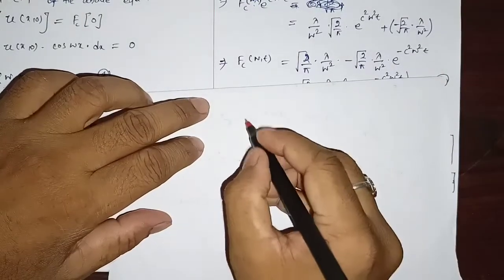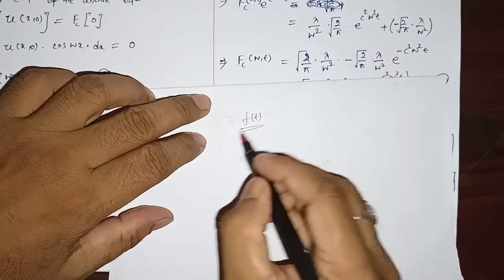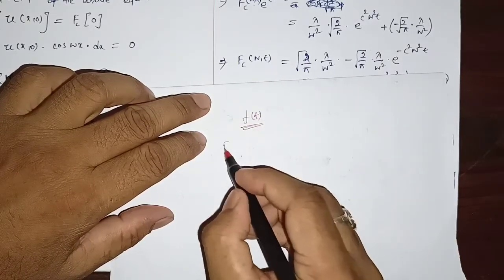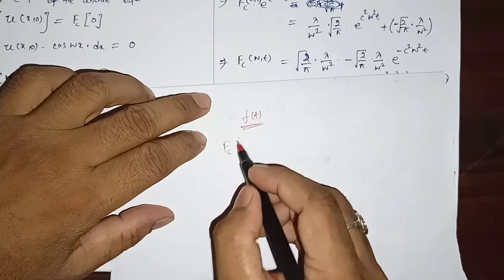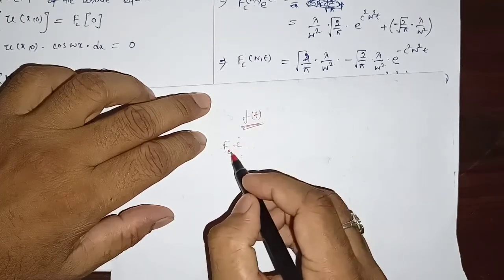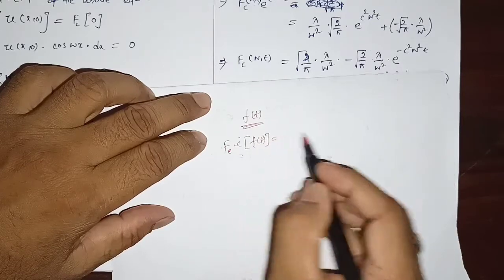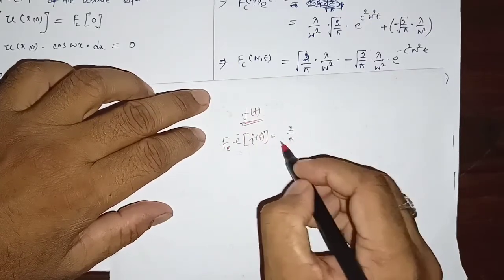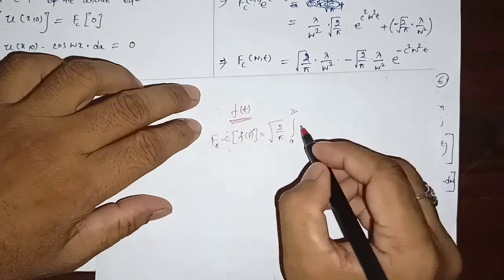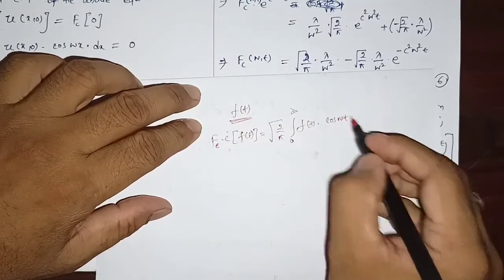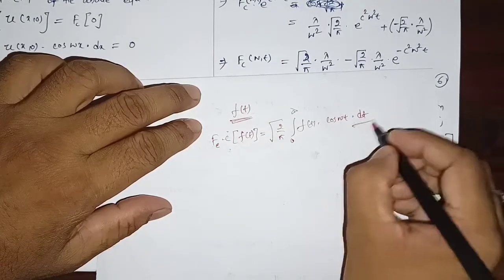You just recall that suppose we have f t and we apply Fourier cosine transform upon it. The Fourier cosine transform applied over small f t is root over 2 by pi integral from 0 to infinity f t into cos omega t dt, right?